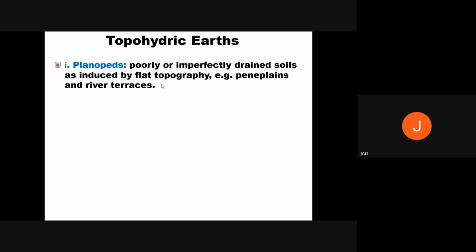So you may have them on river courses when the speed of the river is very slow as it's trying to discharge into the sea. So along the estuaries of the Ankobra, Kakum, Pra and the rest, you may come across the planopeds.